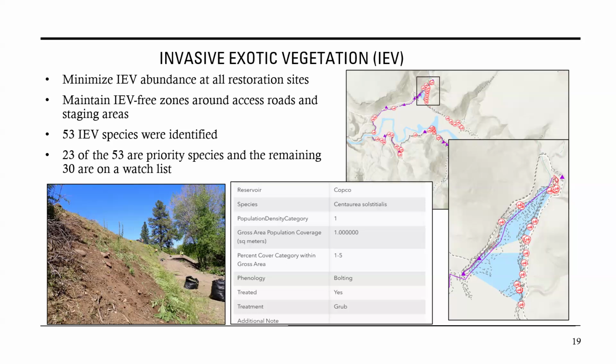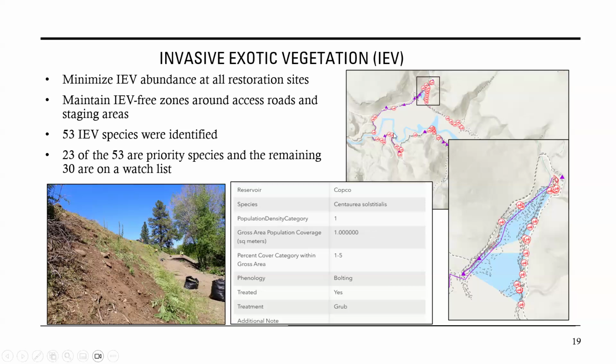In this picture on the left is the revegetation crews doing that treatment. They're pulling these invasive species off this hill slope. And then this is an example of what they will fill in for one of the points that they take. For one of these points, they're filling in what reservoir they're in, what species, and the population of the species.